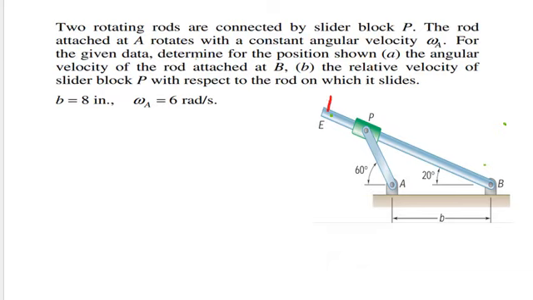Suppose we are considering here V prime, and here V. After some seconds, it will change to V_P prime. So now we can say V_P equal to V_B prime plus what? Because it is movable with respect to B, right?